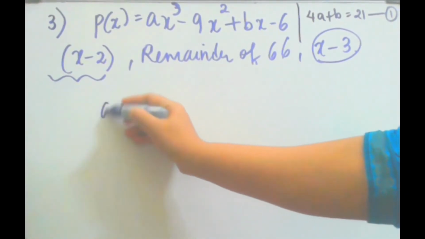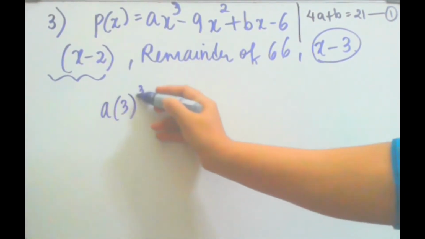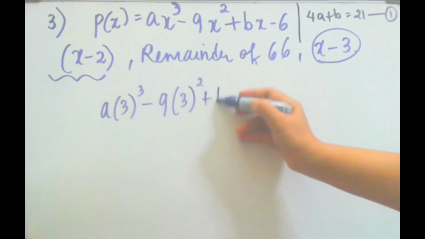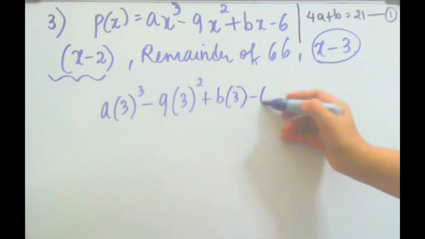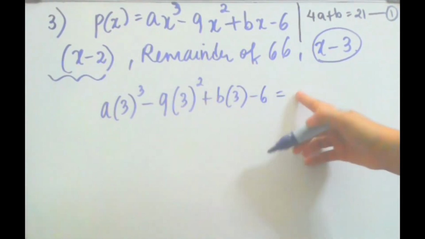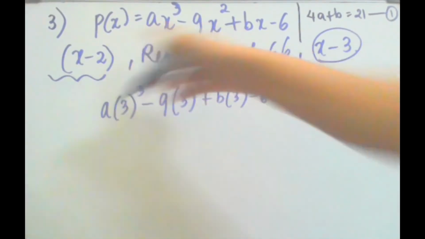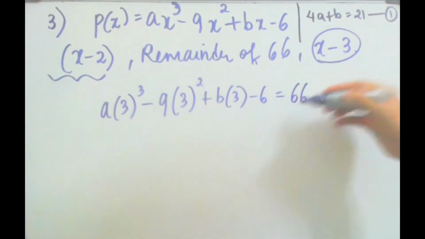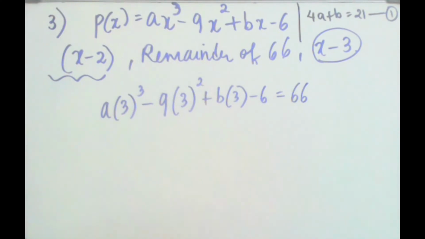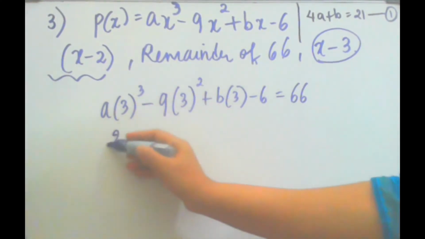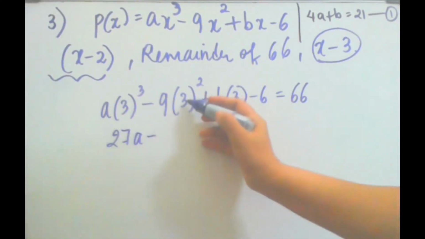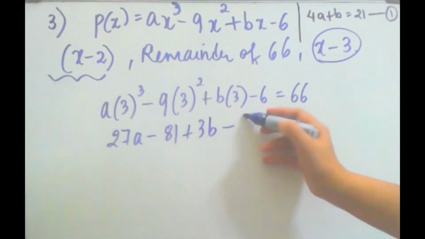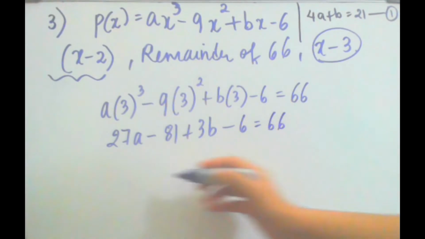So it is a into 3 cube minus 9 into 3 square plus b into 3 minus 6 equal to, this time it is not 0 because it is not a factor, but it gives a remainder of 66. So we will equate it to remainder 66. This gives us 27a minus 9 into 9, 81, plus 3b minus 6 equal to 66.